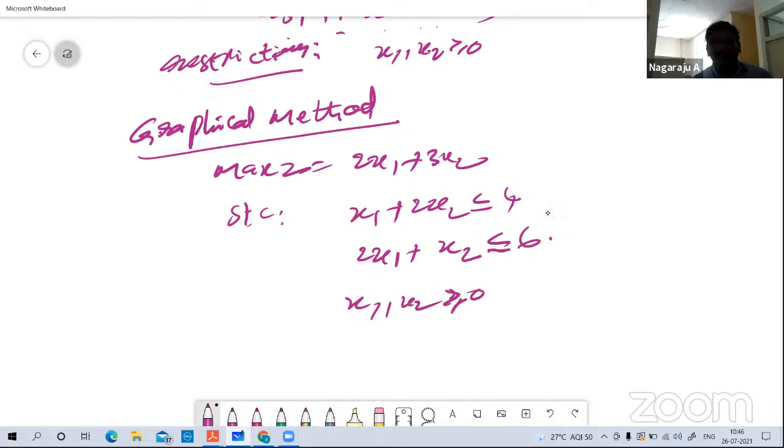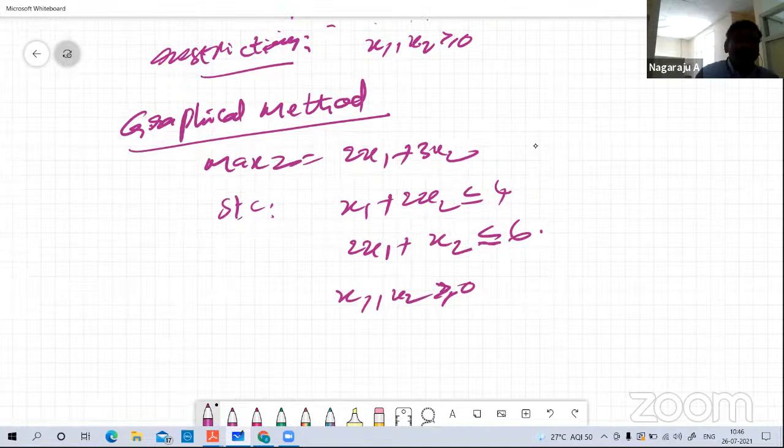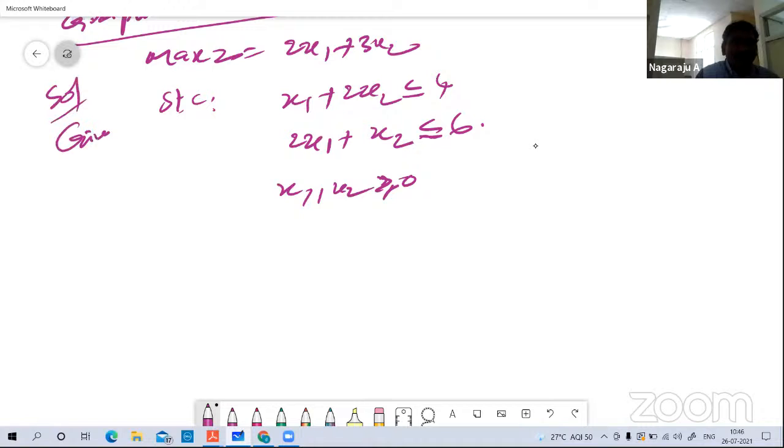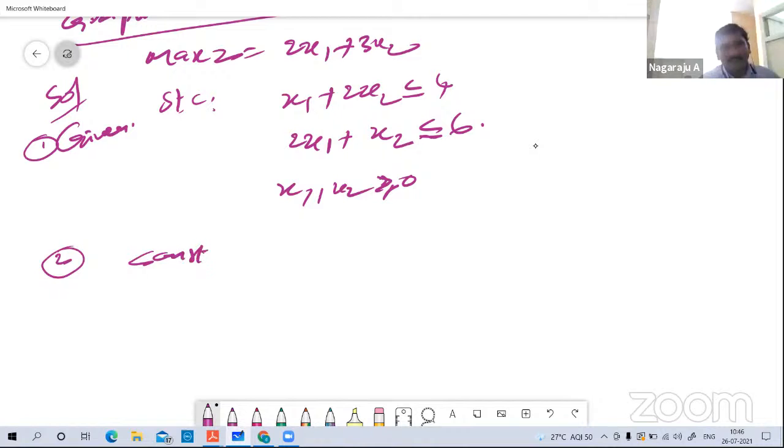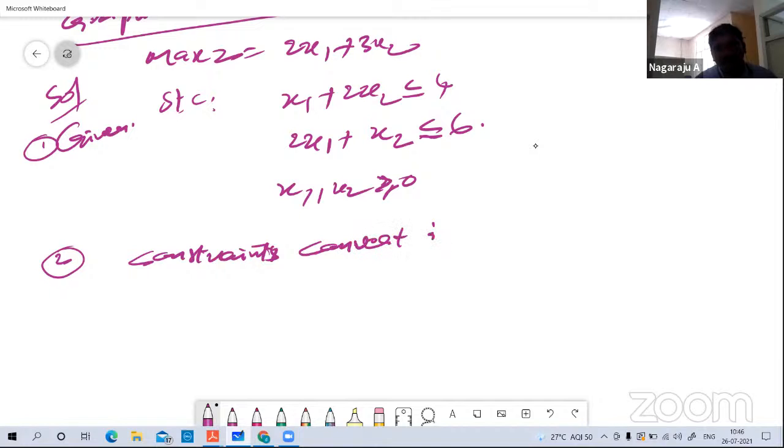Now this example I'm taking for the graphical method, with an example problem solving. The first step is the given problem. The second step is converting the constraints to equalities. In this conversion, I will convert the inequality into equality.